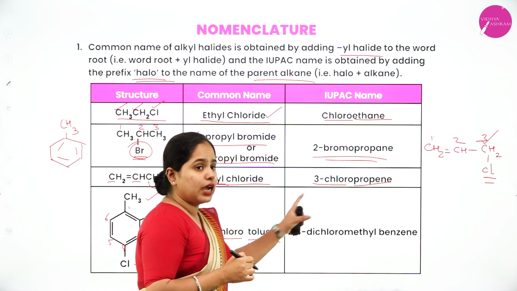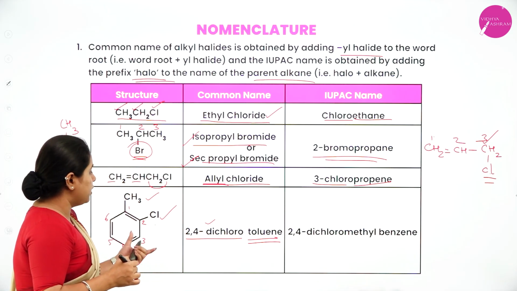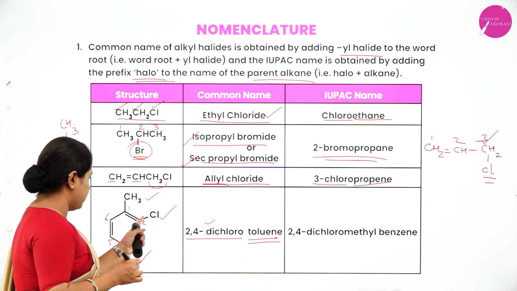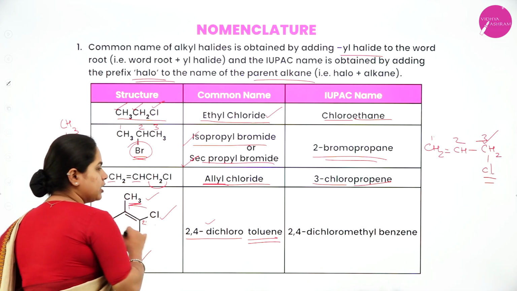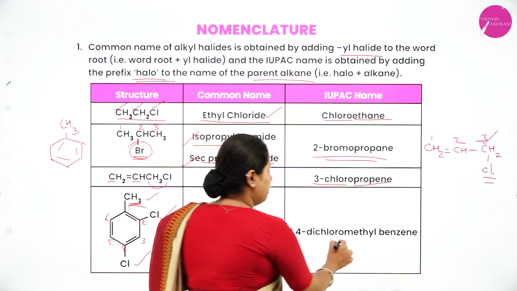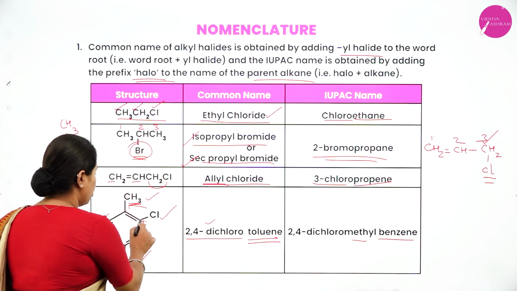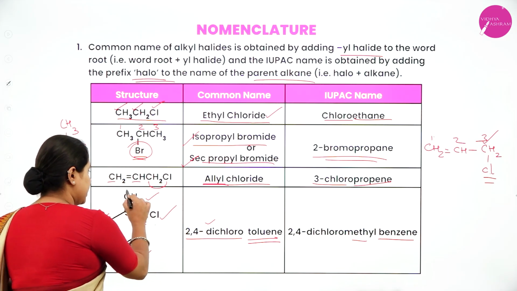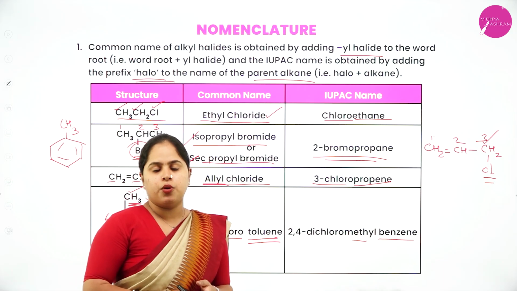Toluene is the common name. But if you have to write the IUPAC name, it will be 2,4-dichloro and this methyl should also be written, that is methylbenzene. Methyl is also a constituent present. So 2,4-dichloro, then we write methyl, and the parent chain is benzene. I hope it is clear.